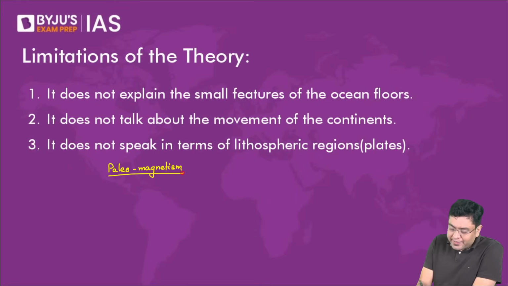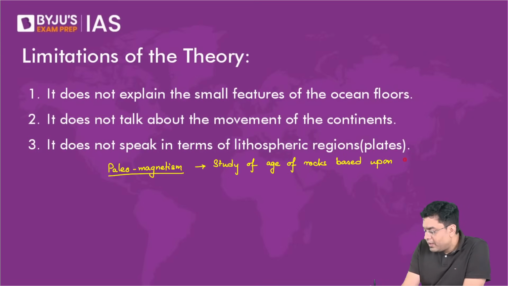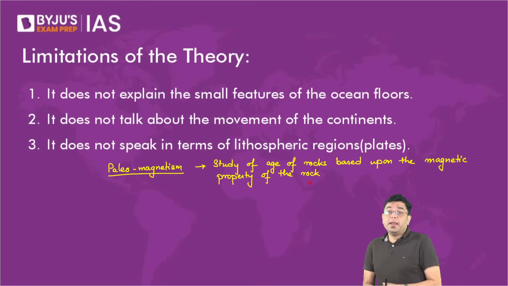So, paleomagnetism refers to study of age of rocks based upon the magnetic property of the rock. So how is it that you can study and calculate the age of the rocks based upon the magnetic property? So understand this.